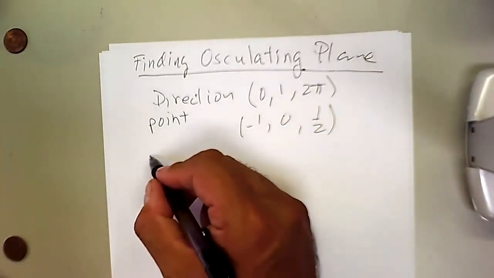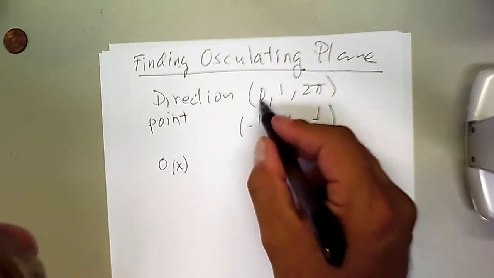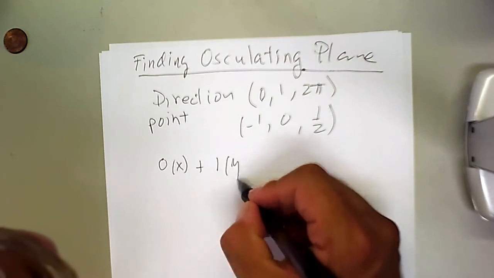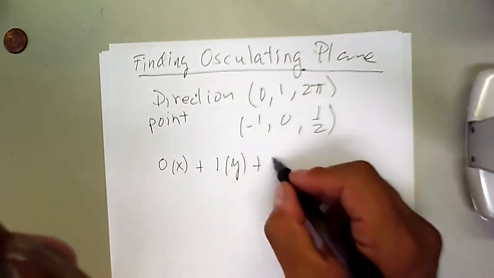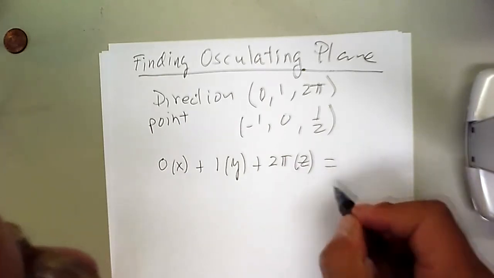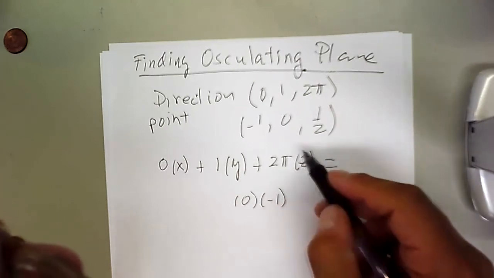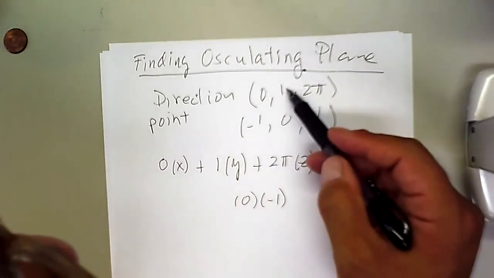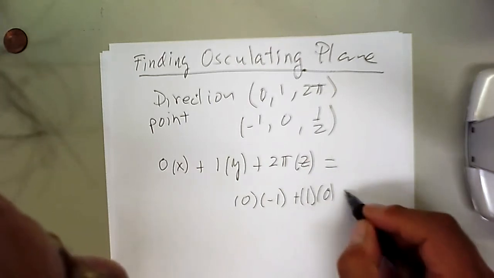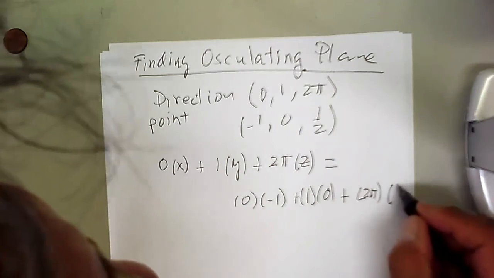So the equation is 0x plus 1y plus 2 pi z equals, and then we multiply 0 times -1, 1 times 0, plus 2 pi times 1/2.